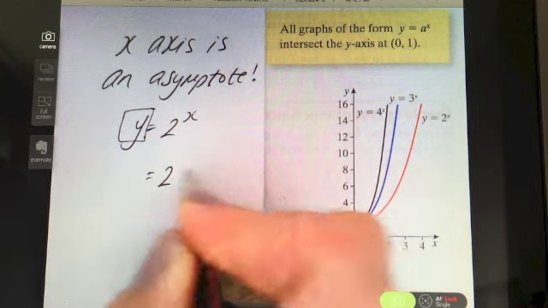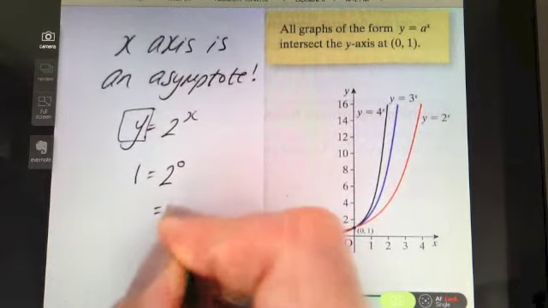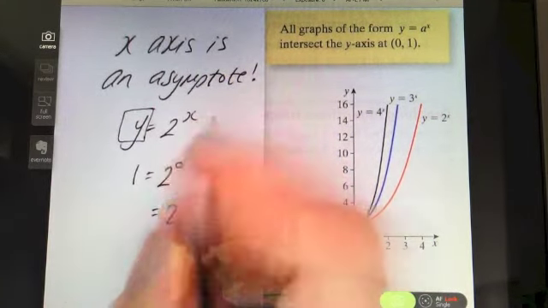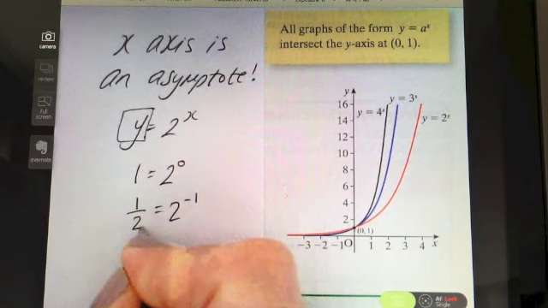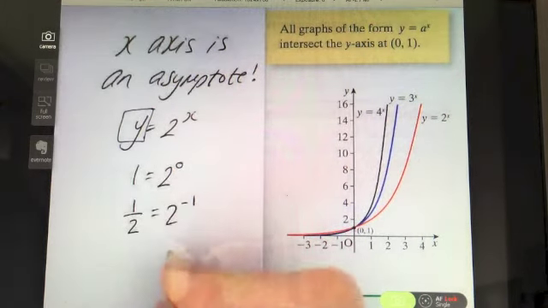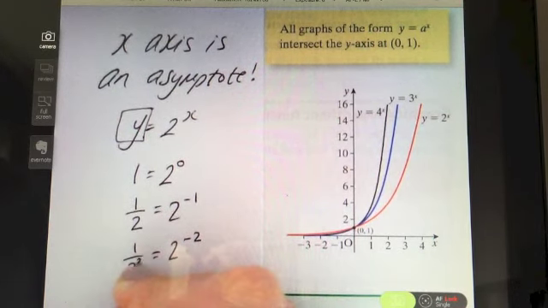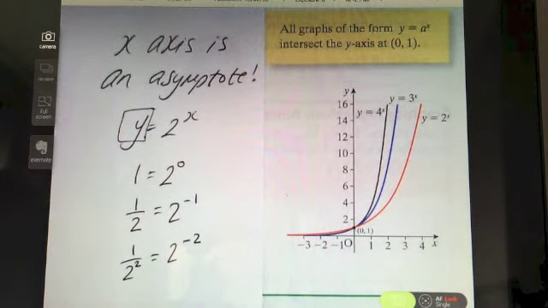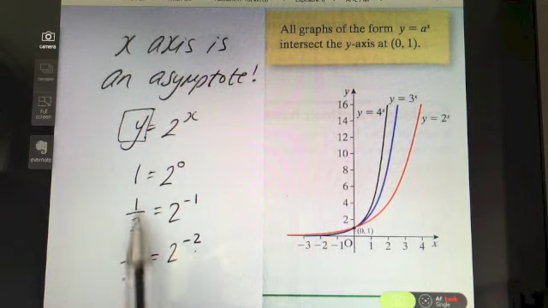It's just going to get higher and higher. 2 to the power of 0, we already know, is 1. Even if we consider x values which are negative, 2 to the minus 1, of course, is the same as 1 over 2 to the power of 1, which is a half. And 2 to the power of minus 2 is equal to 1 over 2 to the power of 2, which is a quarter. And so even if you're subbing in negative values for the x, you're going to end up with fractions.